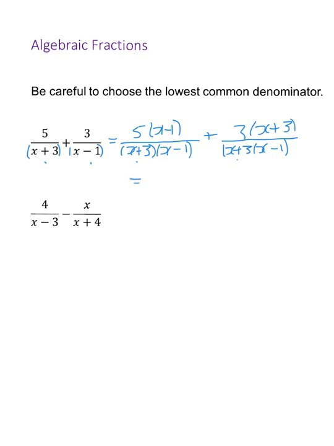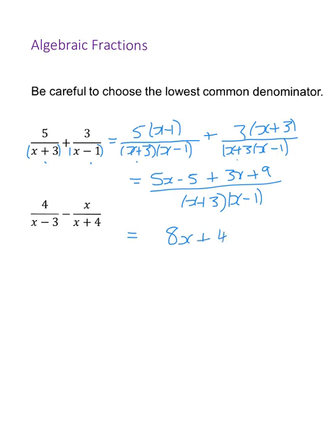Then simplifying through, expanding the brackets, that will give me 5x minus 5 plus 3x plus 9, all over x plus 3, x minus 1. And simplifying the numerator will give me 5x plus 3x is 8x, minus 5 plus 9 is plus 4, over x plus 3, x minus 1.